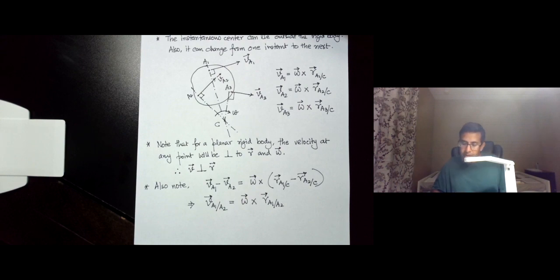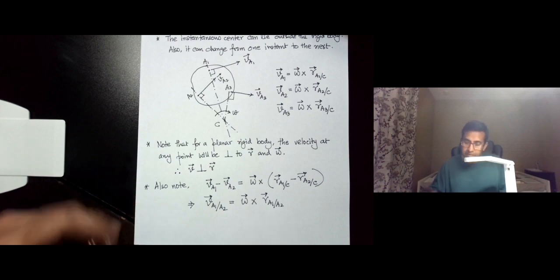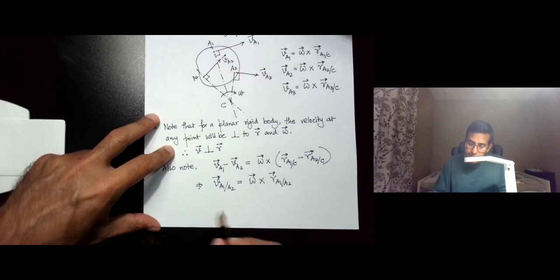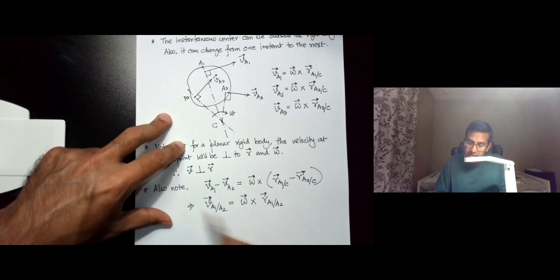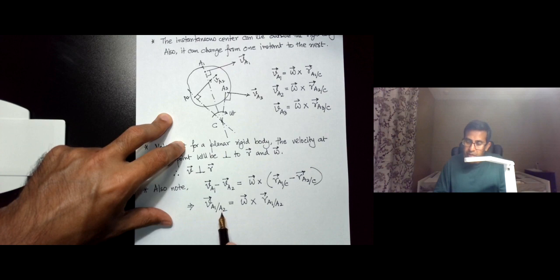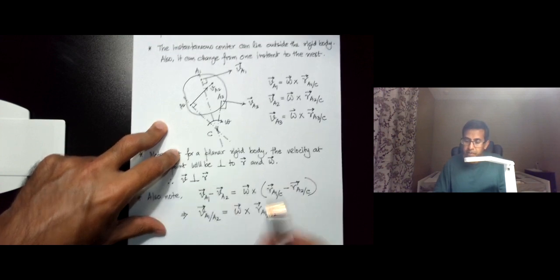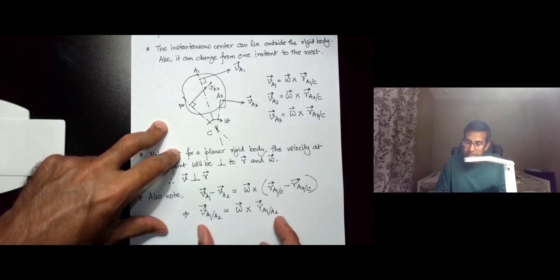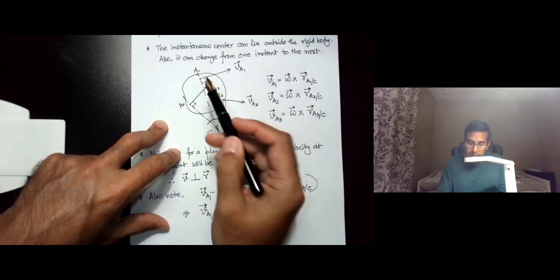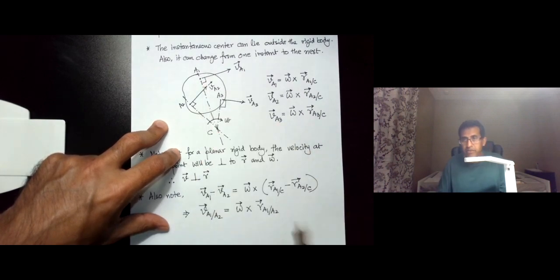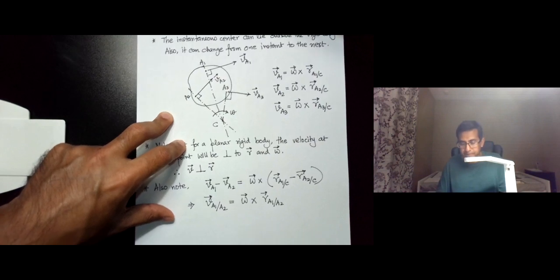So one thing that we notice over here is that if you take the structure of this equation, what this is telling us is that for this rigid body, A1 is rotating with respect to A2 with that same angular velocity. Because we are just taking this same relation and we see that the same structure is applied over here. So with respect to A2, A1 is also rotating with the same angular velocity.